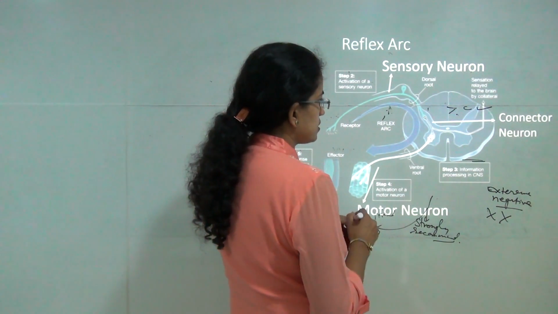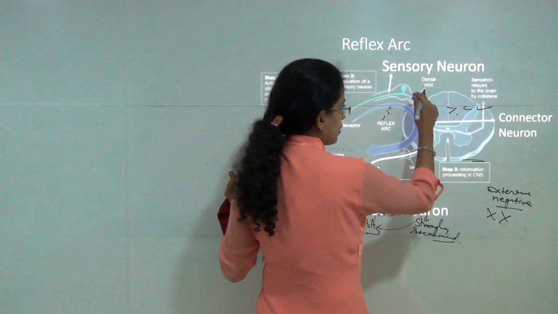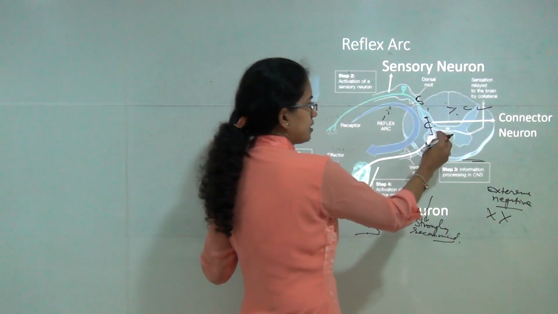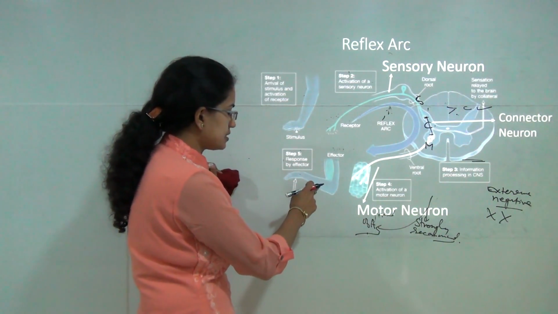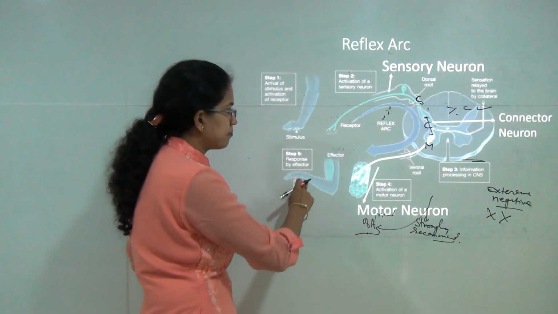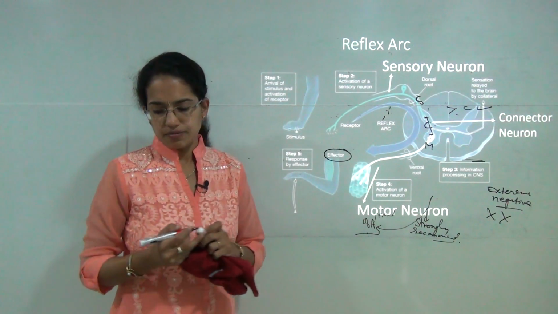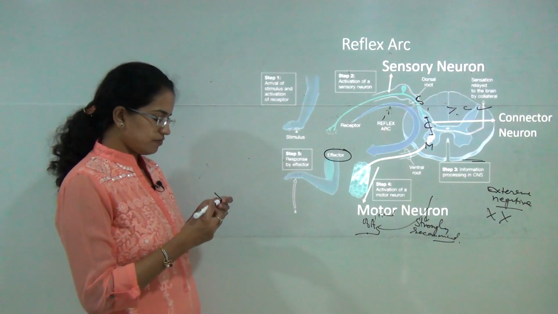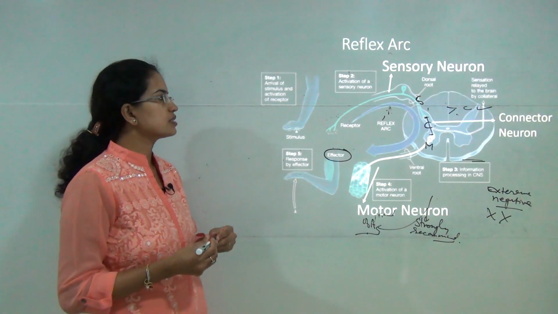This information is processed in the CNS, and then you have a connector neuron which links the sensory neuron and the motor neuron, and this motor neuron finally sends the signal back to the hand, and at the hand you have the effector muscle or the effector response, and finally the person withdraws the hand. So this is how a reflex arc works.